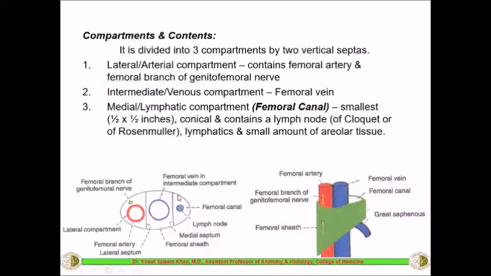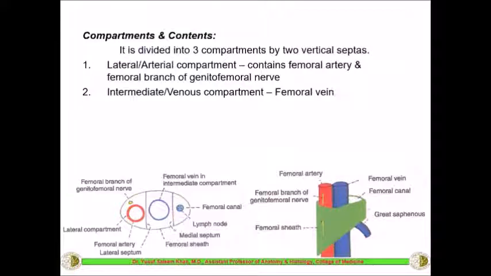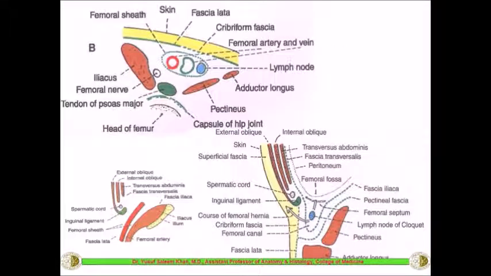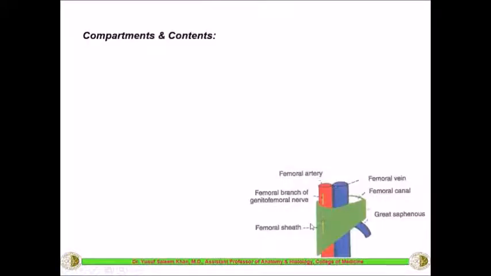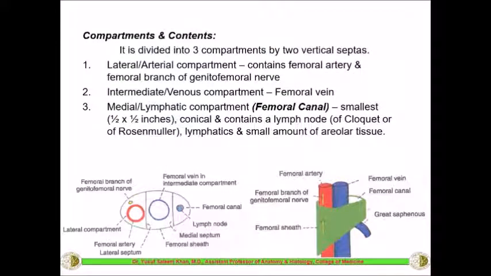But why is it important? Because this is the potential space, and weakness of this area leads to the clinical condition called femoral hernia. The abdominal contents, as you can see in the previous picture, these fascias are coming from the abdomen. Fascia transversalis and the fascia iliaca are from the abdomen. So when they become weak, the abdominal contents like the intestine, the bladder, or something like that also descend along this route, especially in the most medial compartment, which is also called as the femoral canal, because it is almost empty.